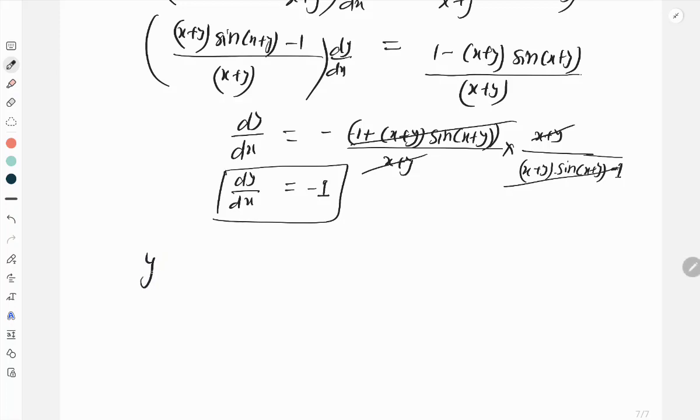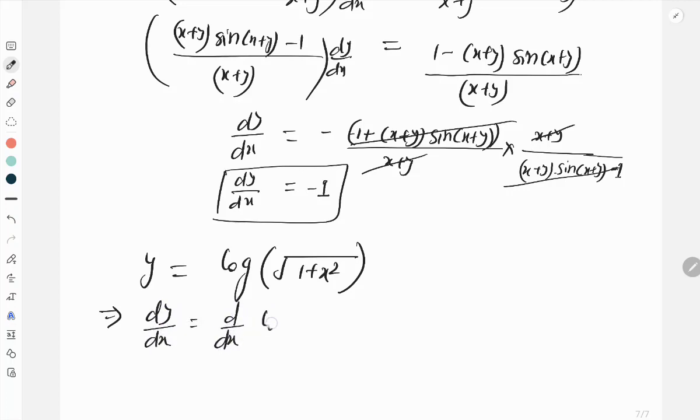Let's say I am saying that y is equal to log of under root 1 plus x square. Find the derivative. What will you do? Okay, so dy/dx is equal to d/dx of log under root 1 plus x square.